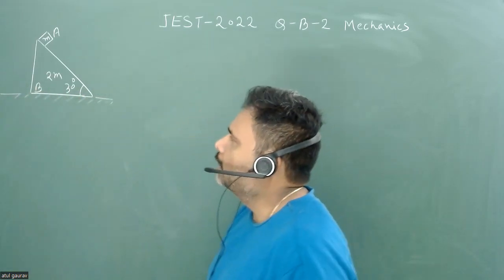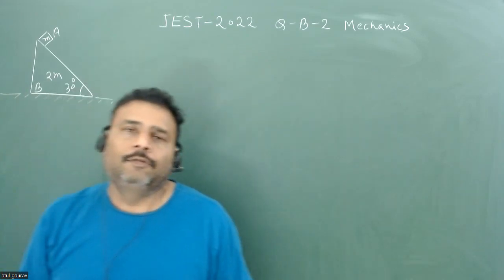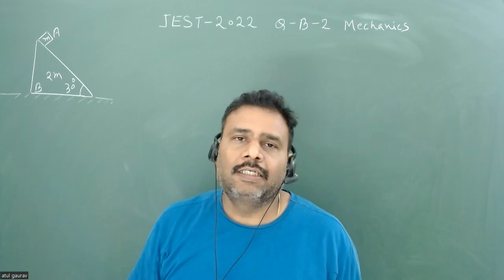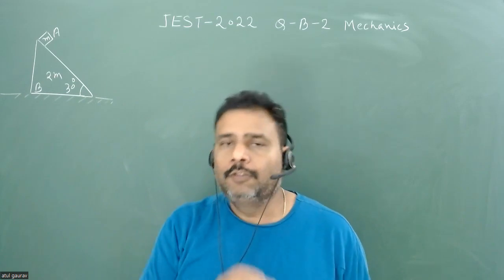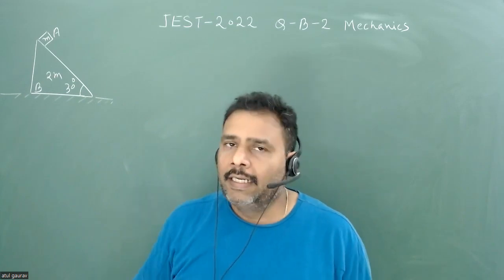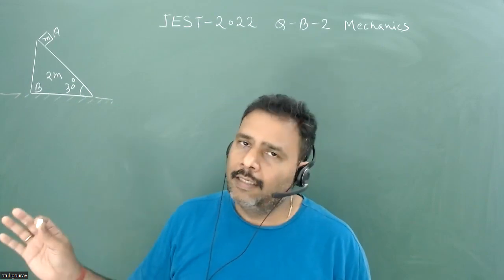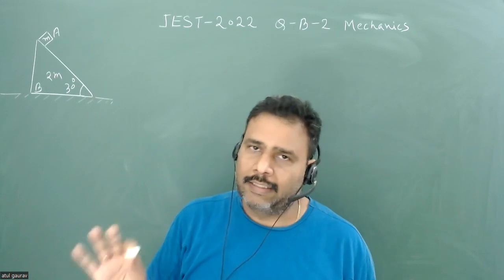In this problem, we have to use conservation of energy as well as conservation of momentum. But we use conservation of momentum only along the x-axis, because there is no external force acting along the x-axis.